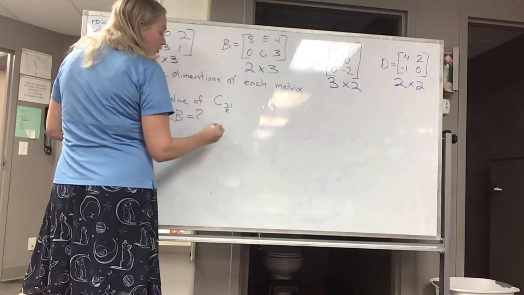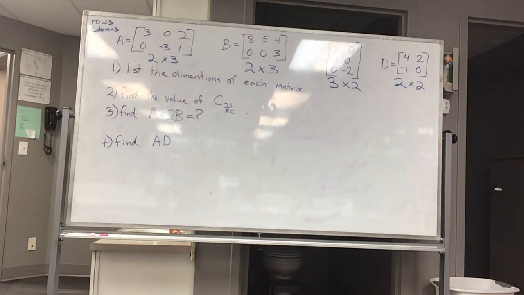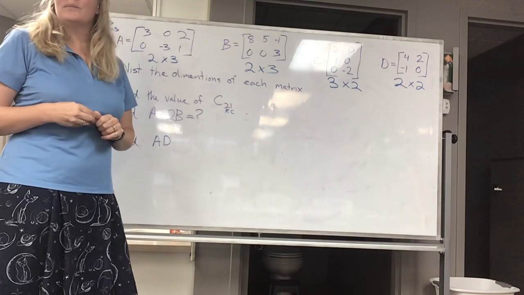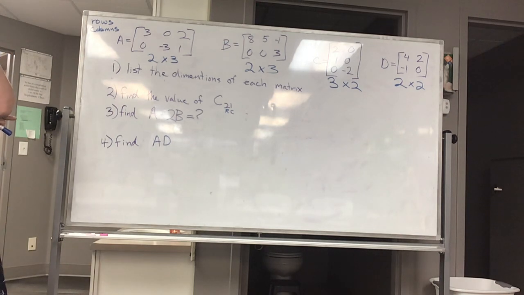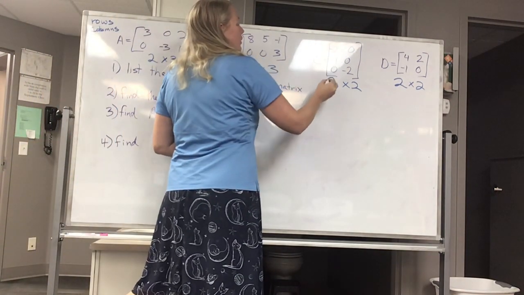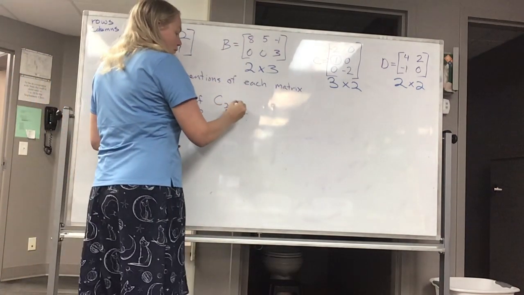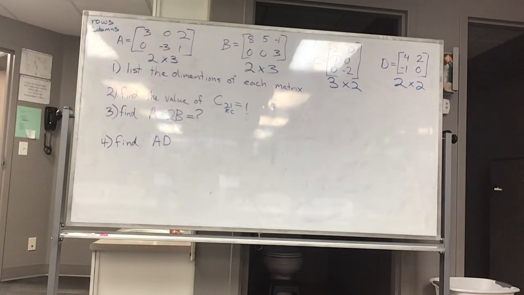This is going to be row 2, column 1. What is our value? We have row 1, 2, column 1. So C21 is going to equal 1. It's just the piece of information in that location.